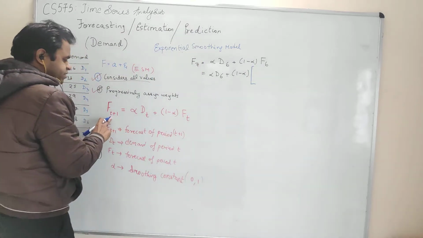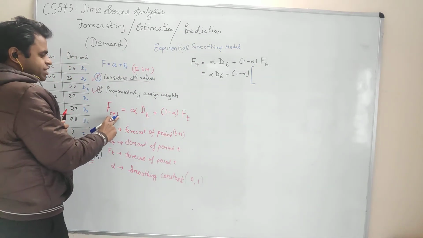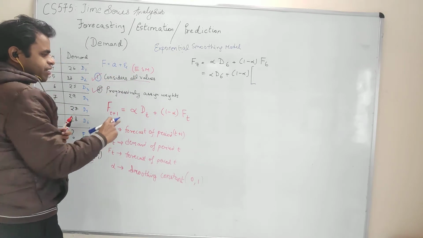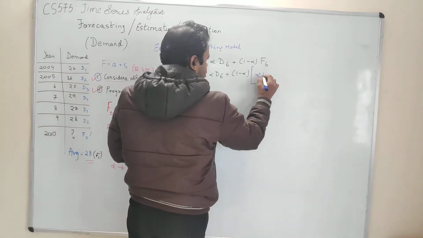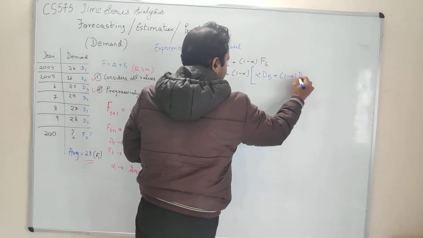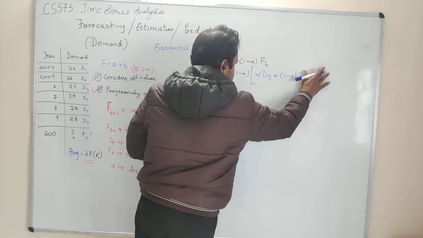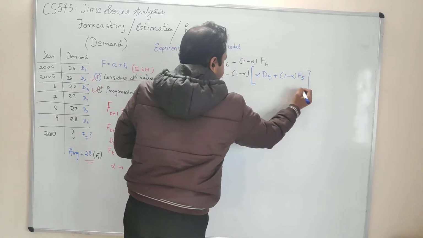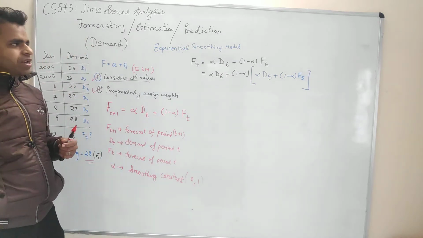What will F6 be here? That means t plus 1 is equal to 6, so t will be equal to 5. So this will be alpha d5 plus (1 minus alpha) F5. I hope this point is clear.